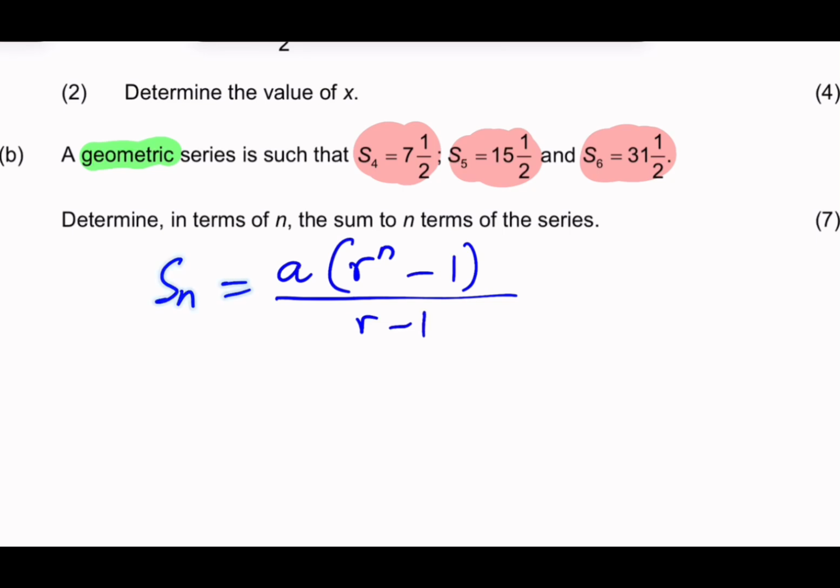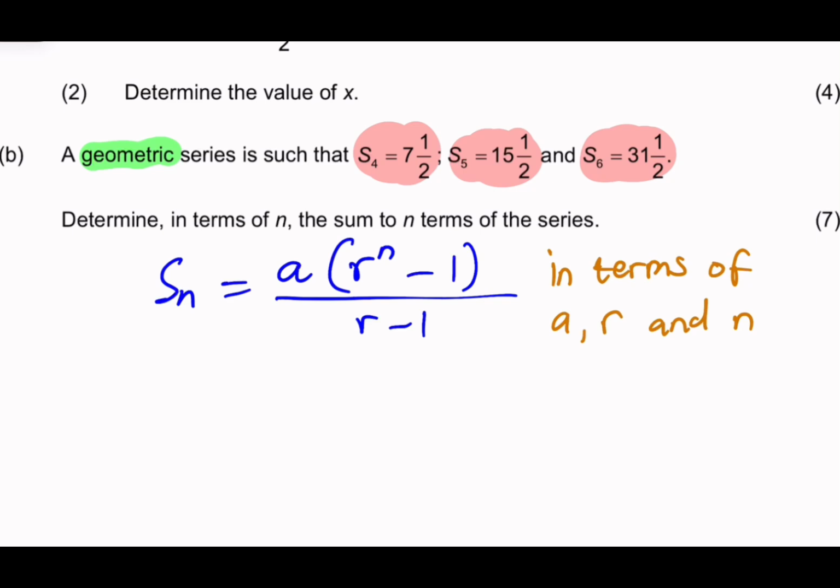In general, I know the sum to n terms is this, but as is, it's in terms of a, r, and n. So the actual formula is in terms of a, r, and n, but the question is only looking for an answer in terms of n.